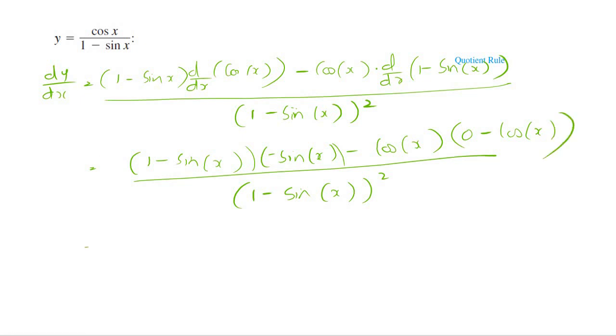So we have here, we multiply this, we get minus sin x, and we have plus sin squared x, plus this is 0 plus cos squared x.